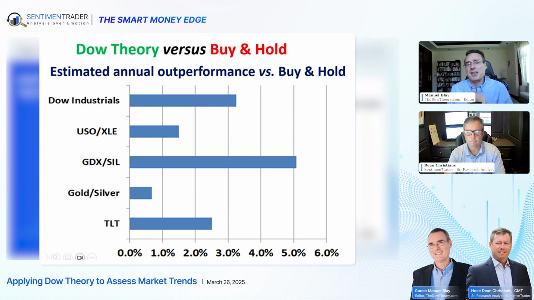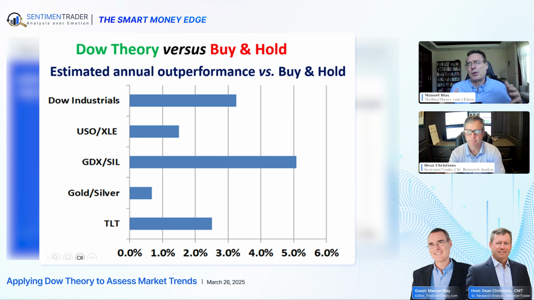For USO, for the energy sector, we get an outperformance of roughly 1.5%. Maybe you remember we had a huge drawdown reduction, but the outperformance was more mitigated, 1.5%. For GDX and SIL, the silver and precious metal miners ETFs, we get a huge outperformance of 5%.